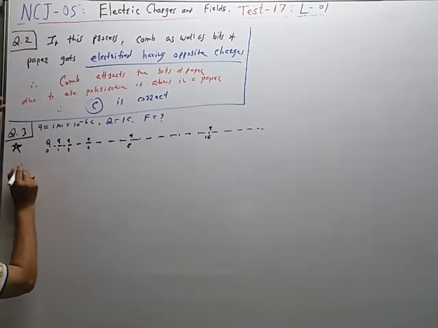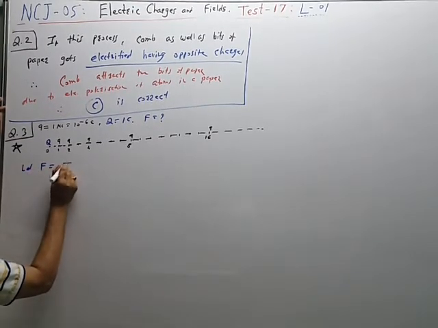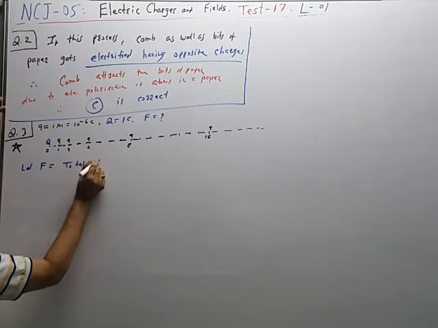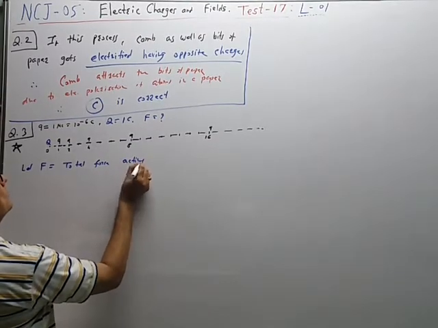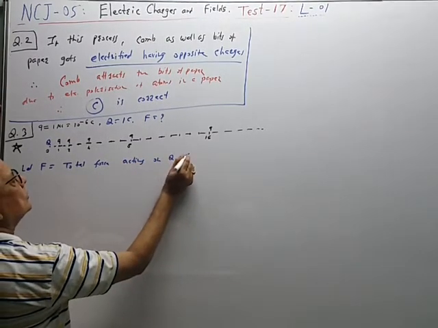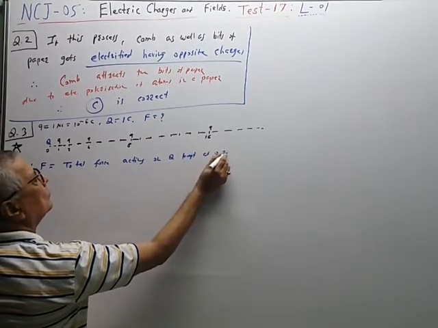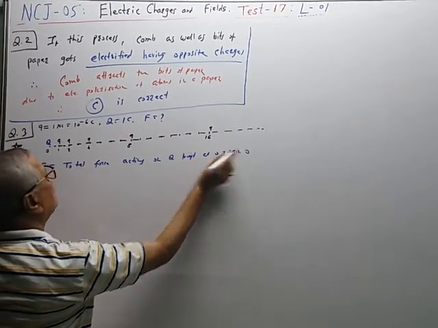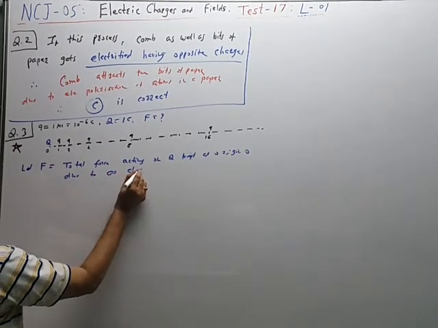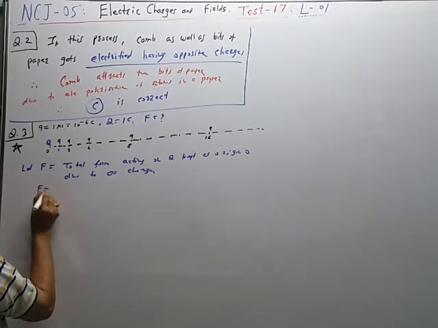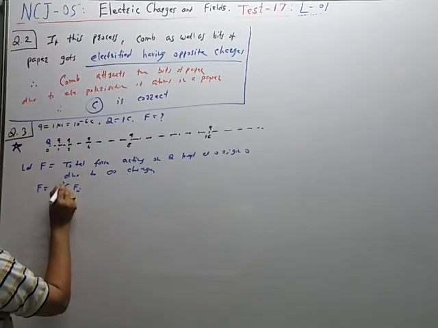So let F is equal to the total force acting on Q kept at origin O due to infinite charges, and therefore F is equal to summation of Fi, where i varies from one charge to n charges.